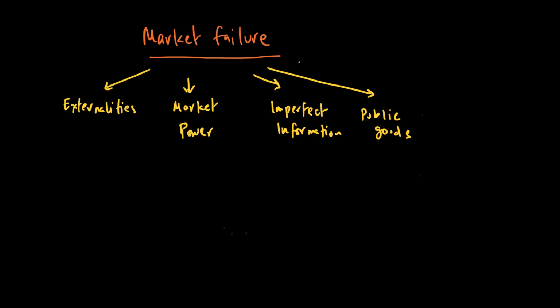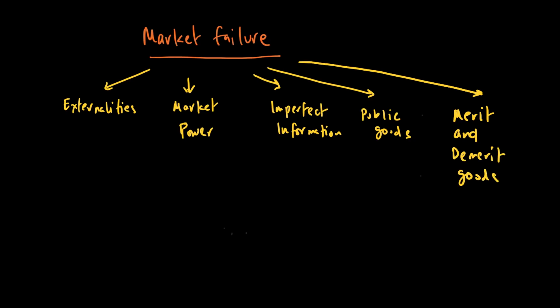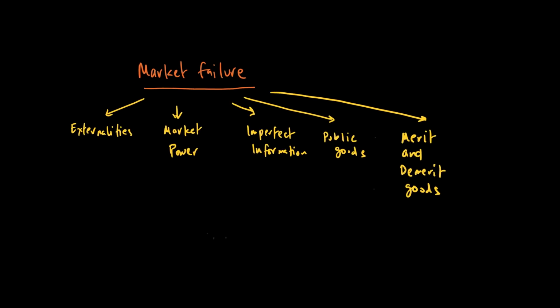our discussion here. And then we are looking at merit and demerit goods, and sometimes there is a market failure in terms of factor immobility, or what we call time lags.